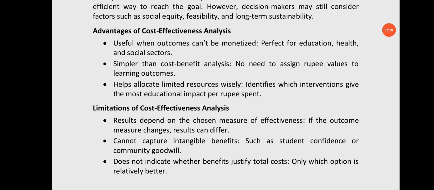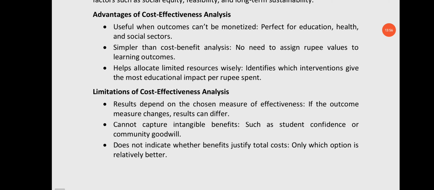Advantages of cost effectiveness analysis: useful when outcomes cannot be monetized, perfect for education, health, and social sectors. Simpler than cost benefit analysis, with no need to assign a rupee value to learning outcomes. Helps allocate limited resources wisely, identifying which interventions give the most educational impact per rupee spent.